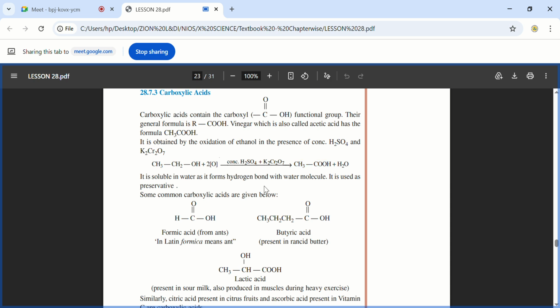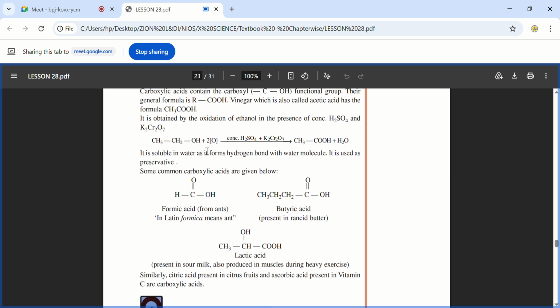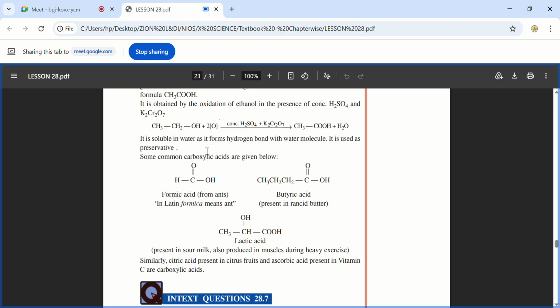Is it clear? Since it is formed from alcohol, the carboxylic acid also has the ability to dissolve in water by creating a hydrogen bond with water. Is it clear?